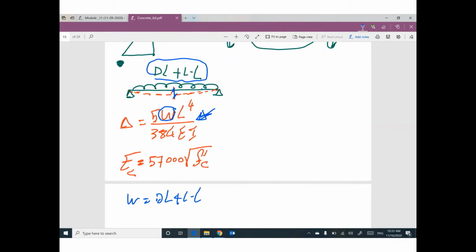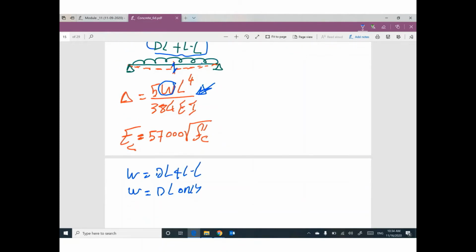If you need to figure out the deflection due to dead load only, W equals dead load only. If you would like to consider the deflection for live load only, W equals live load only. If you would like to consider the deflection for both of them, W equals dead load plus live load. Live is easy.